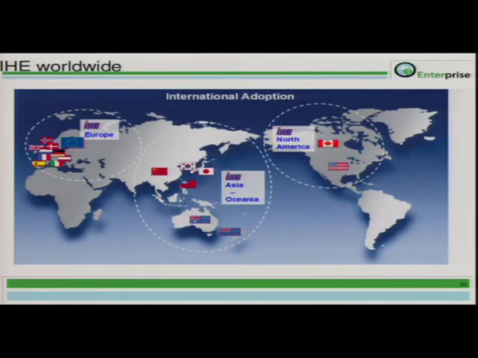You can see that the initiative, which was born in 1998, is basically all over the world. There are three main areas in which the initiative is active: Europe, Asia, and North America.